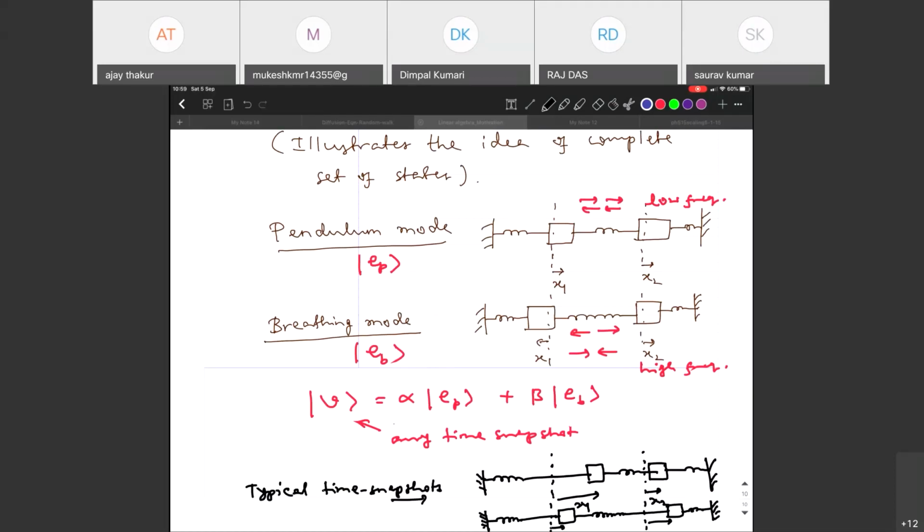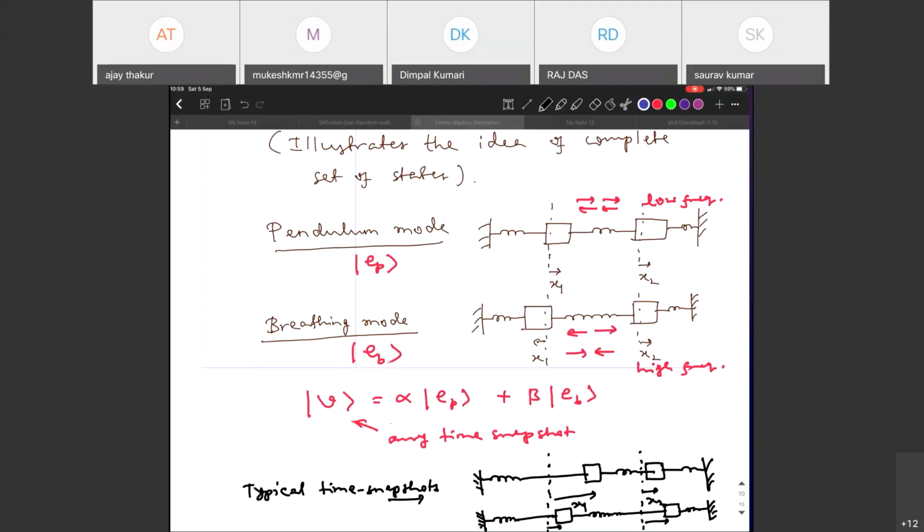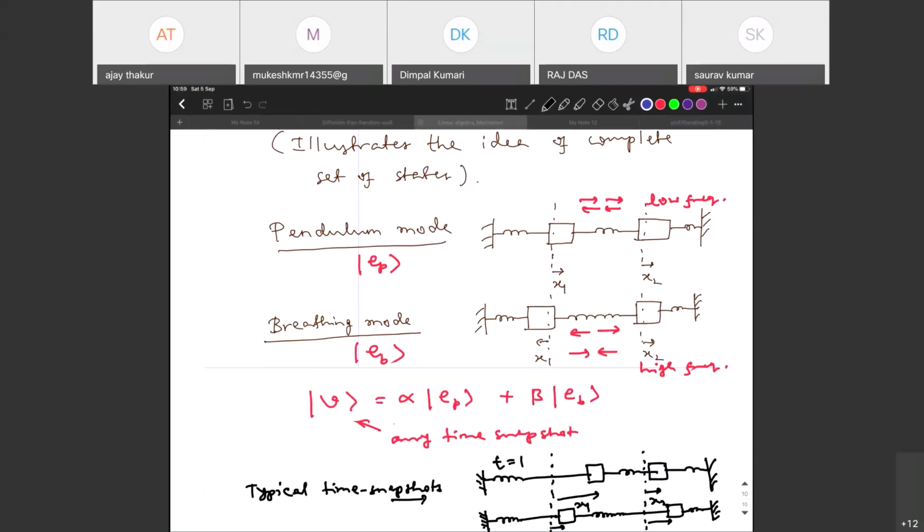So when you are looking at the motion of these two masses after oscillation is set in, at a given time, say t equals t1, you may see a scenario which is like this, and at a different time t equals t2, you may come across a scenario which is very different. So x1 and x2 are functions of time, and it is not necessary that x1 will always be greater than x2 or vice versa, right? Any of them can be greater than the other, and they just vary as a function of time.